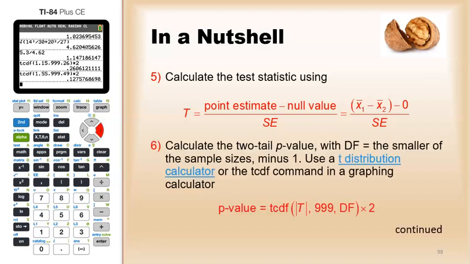From there, calculate the two-tailed p-value, where we use the degrees of freedom as the smaller of the two sample sizes minus 1. Using the tcdf command, the p-value is the tcdf of the absolute value of the test statistic. That is, if the test statistic is negative, drop the negative sign. To 999 degrees of freedom times 2.